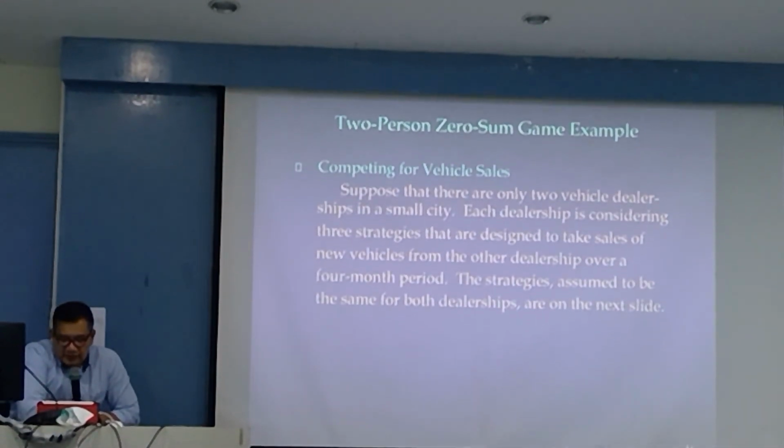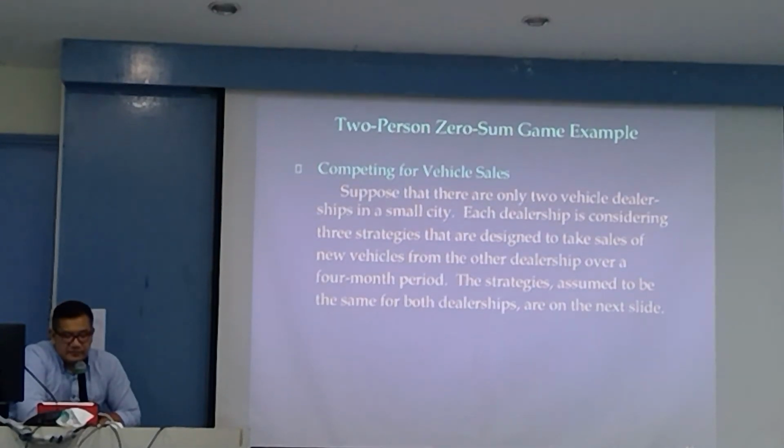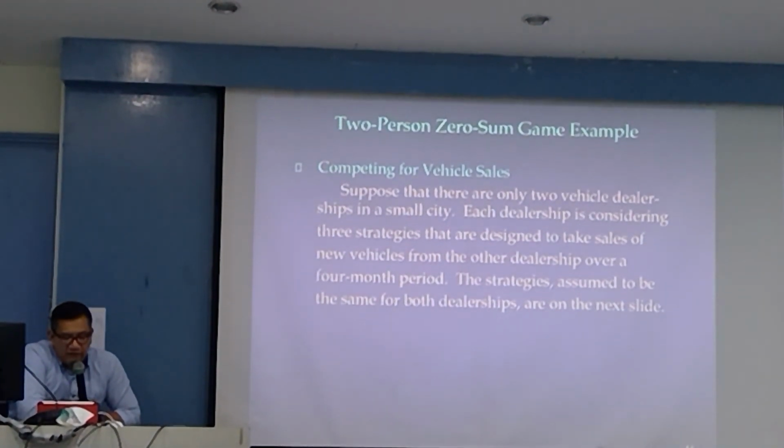In order to explain more about the game theory concept, let's follow this example. Let's say that we have the example of competing for vehicle sales. We have the dealers, and they are considering three strategies to take the sale of new vehicles from others over the next 4 months.